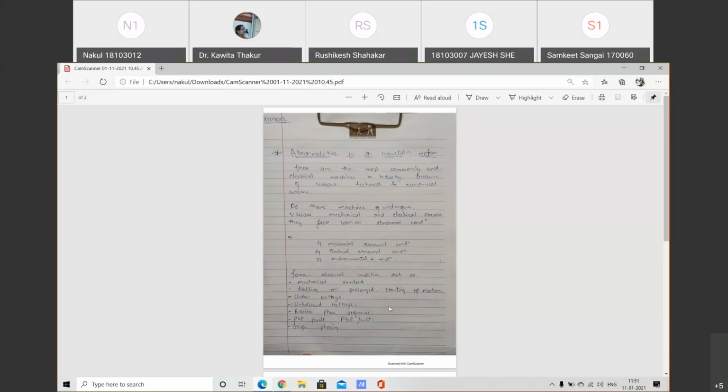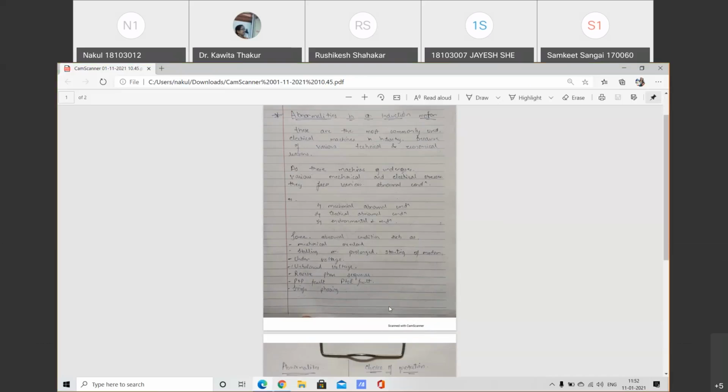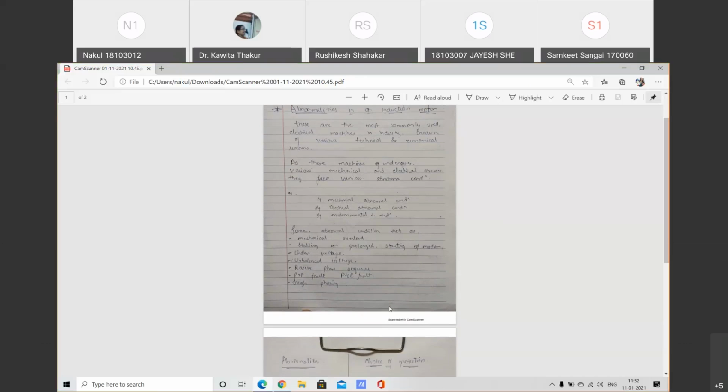The topic I have chosen is abnormalities in an induction motor, which comes under the application of switchgear and protection. As we know, the induction motor is the most commonly used electrical machine in the industry because of its various technical and economical reasons.